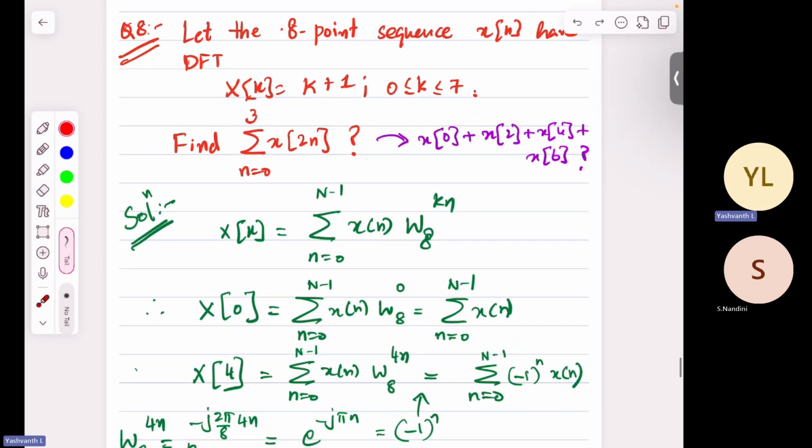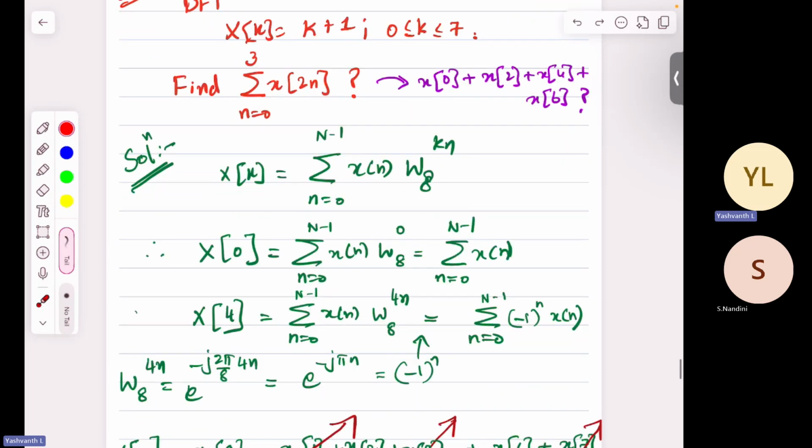Now, I will evaluate X of 4. That is the summation over x of n into the twiddle factor power 4n. But what is this twiddle factor power 4n? W8 power 4n is e power minus j2 pi by 8 into 4n. That's the definition. But this 4 into 2 is 8, and that will cancel with the denominator 8.